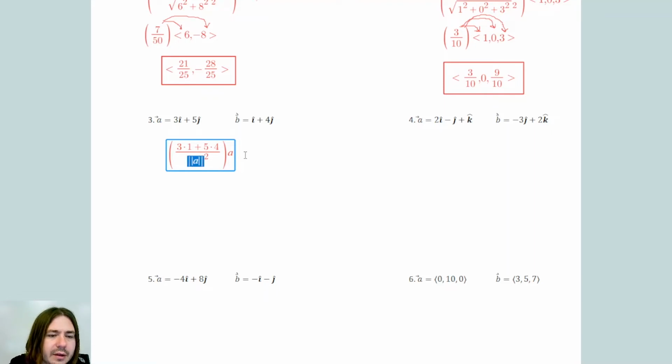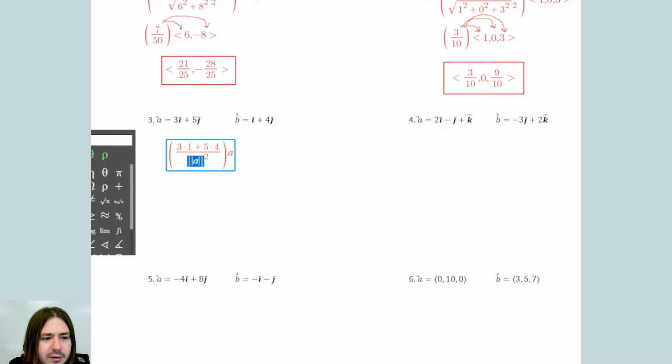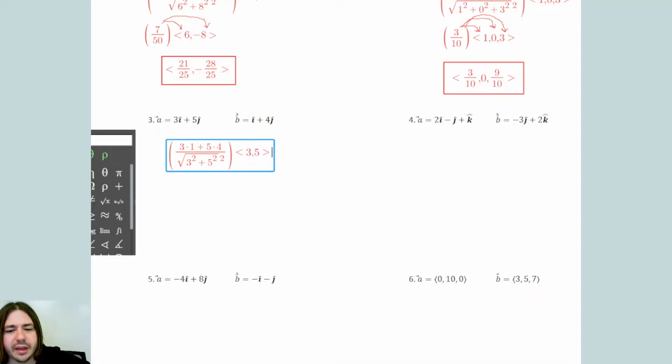And then we're going to have the square root of 3 squared plus 5 squared times the vector 3, 5. And just to stay consistent, I'm going to stick with component form here, even though the vectors were originally written as a linear combination.